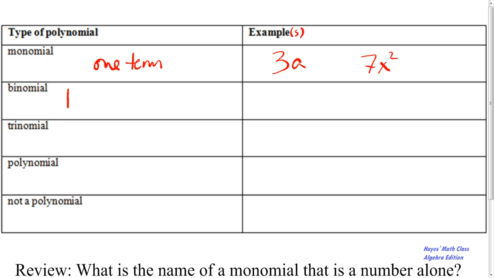Binomial, two terms. So 4x squared minus 3, 2y minus 7. I'll make it plus 7, so we got one of each. For trinomial, three terms.